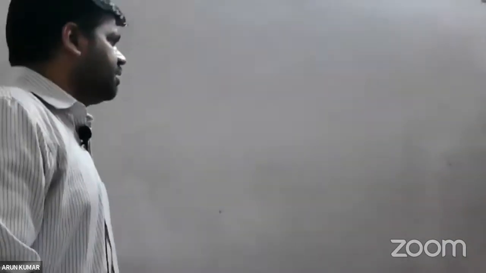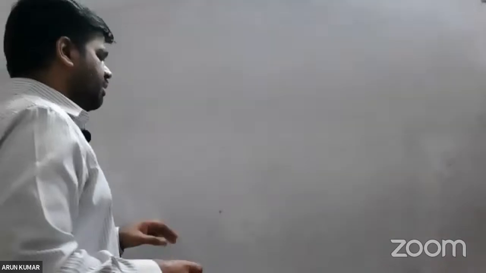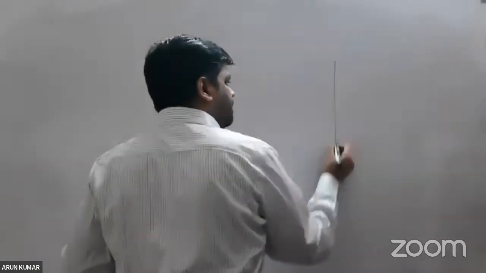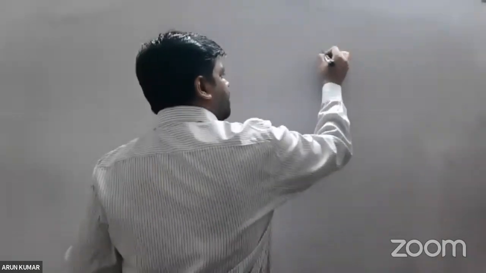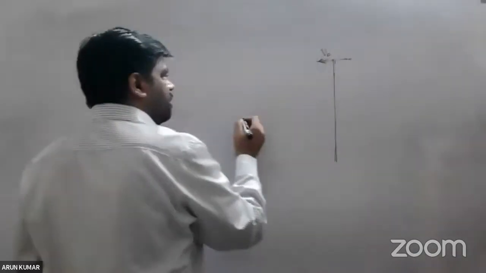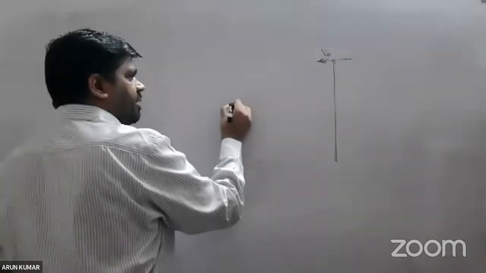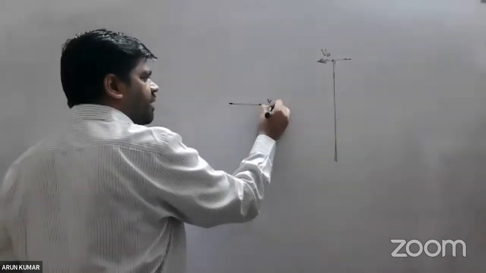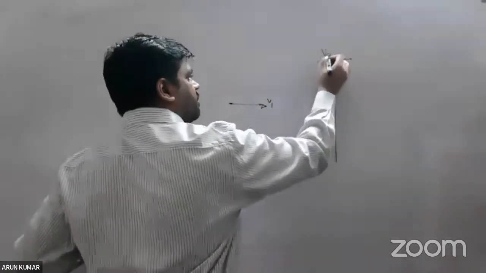Okay, I would like to discuss one problem based on the concept which we did yesterday. I have a tower here, from where a particle is projected with velocity V naught. Another particle is projected from here, let's say V1, and this is V2.